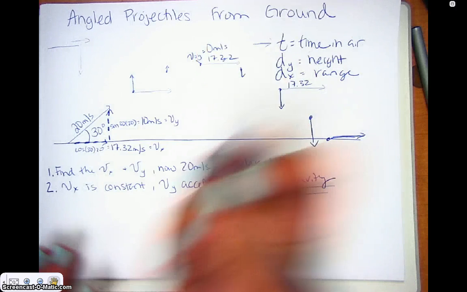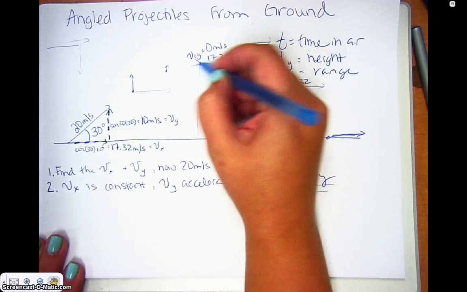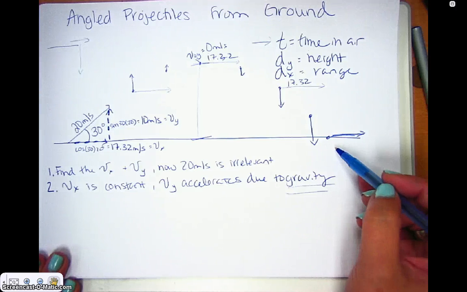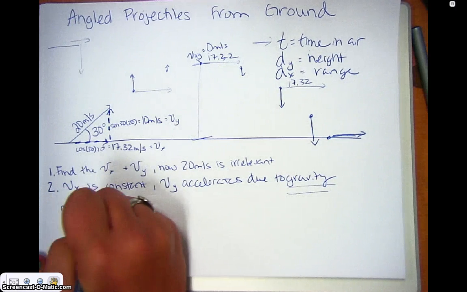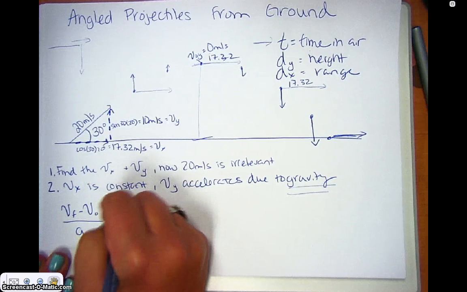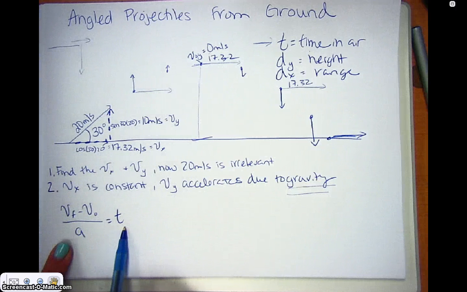And I could determine how long it takes for the ball to reach its max height, and then it would be equivalent time to strike the ground. So time up is equal to time down. And remember, we had that real easy equation: velocity final minus velocity initial, all divided by a, equals t, which is really just the change in velocity over time is equal to acceleration.